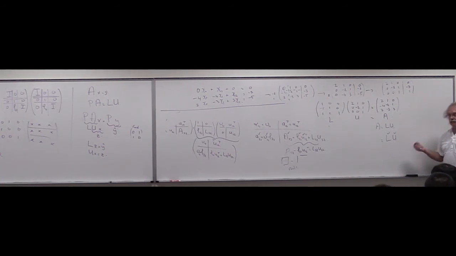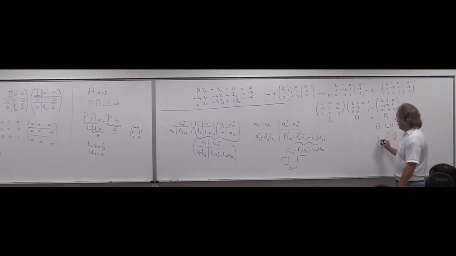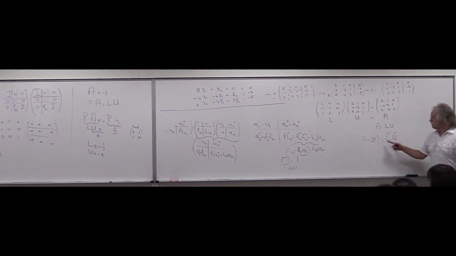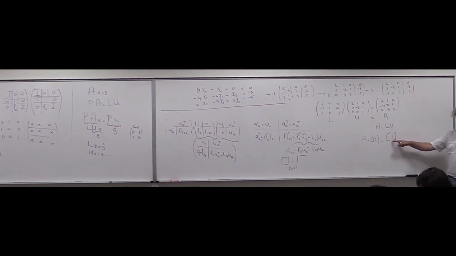If this algorithm is backward stable, what is it that we would like to be able to show? We'd like to be able to show that there is a small change to A that you can make, such that the computed L and U are the exact LU factorization of a slightly changed matrix. Correct?